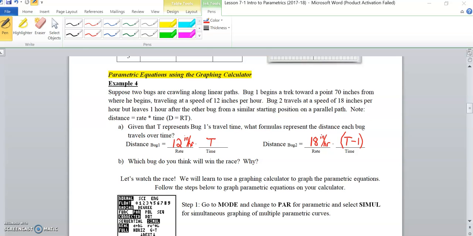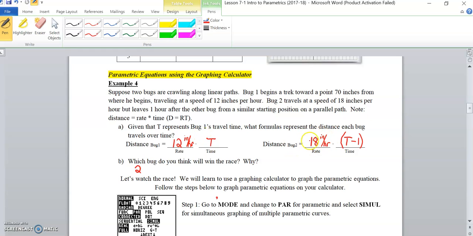So hopefully you paused the video and you determined that it was, in fact, bug 2 that wins the race. A couple ways to do it. I'll just cover one. If you create a table as time goes incrementally, at 1 hour, bug 1 is 12 inches, bug 2 is 0. After 2 hours, bug 1 has gone 24 inches.